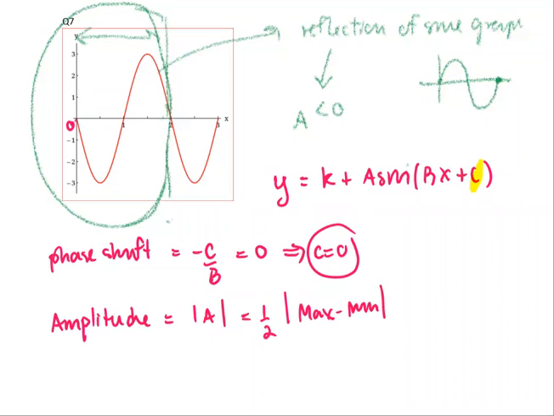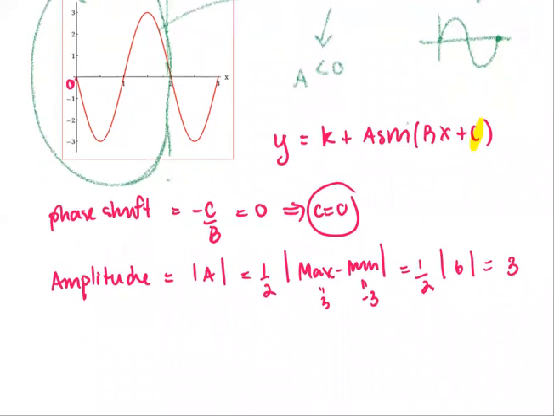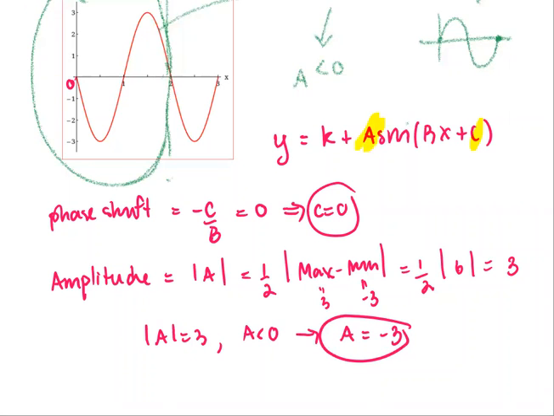The maximum is 3, the minimum is negative 3. So absolute value of A is 1/2 multiplied by 3 plus 3, which is 6, or the value 3. If the absolute value of A equals 3 and A is less than 0, therefore A equals negative 3. So we take care of the value A.